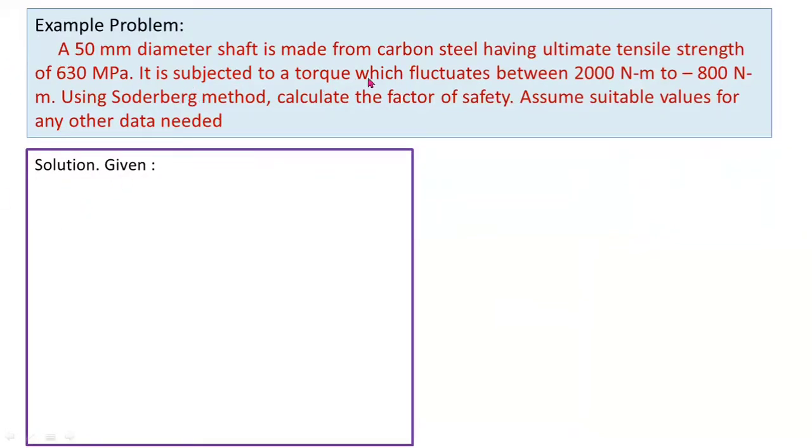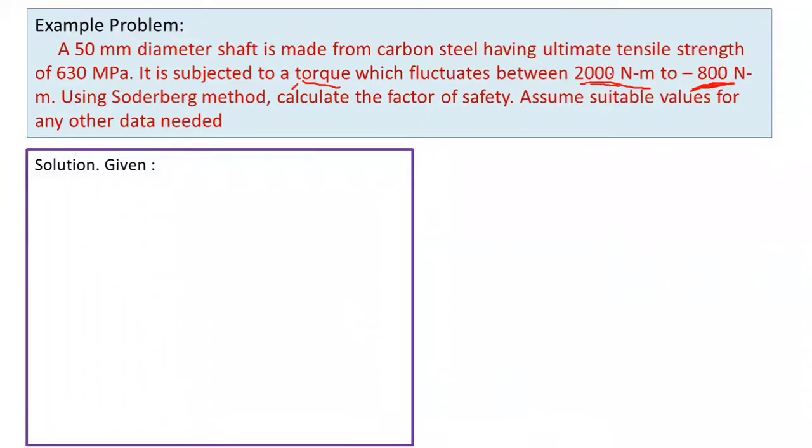Okay, from this question, first you have to identify the given data. Here you can observe this one is in Newton meter. That means torque. Here the torque fluctuates between 2000 Newton meter. Minus 800 Newton meter is the minimum torque.